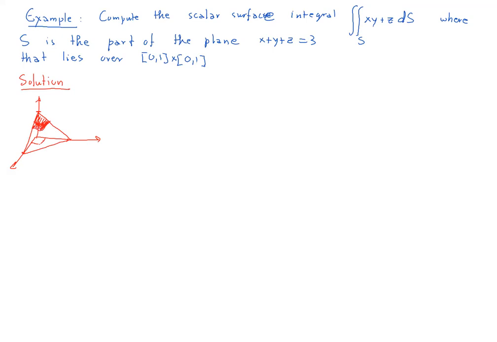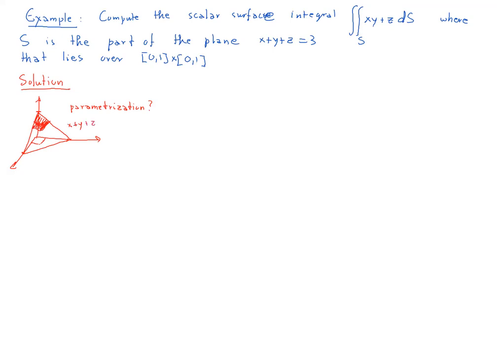So the important thing here is what would be a parameterization, and we haven't done many parameterizations of surfaces, but every time we can think of that surface as a graph, we should be able to find the parameterization pretty easily.